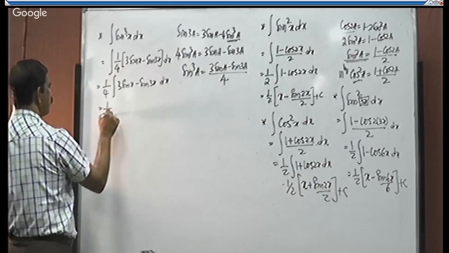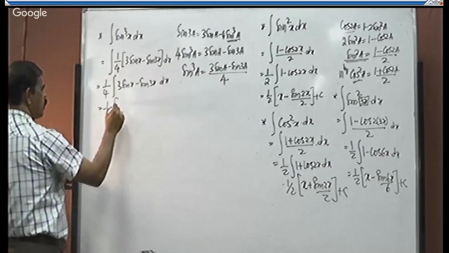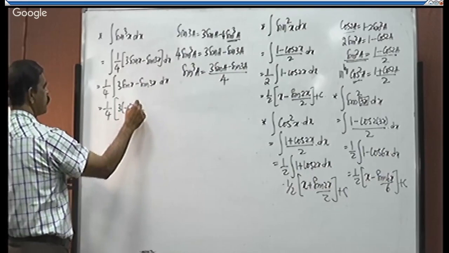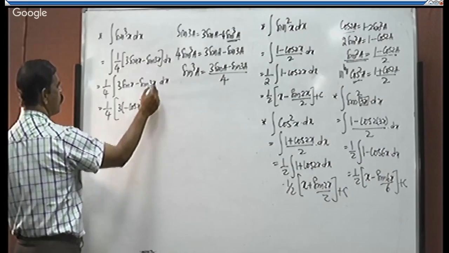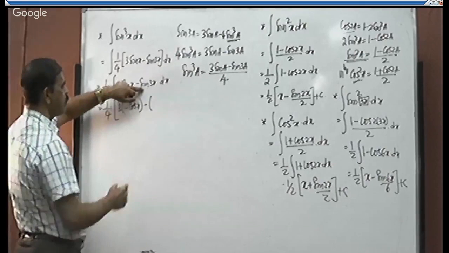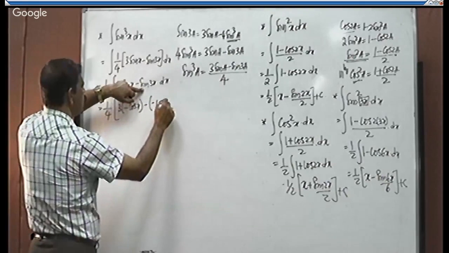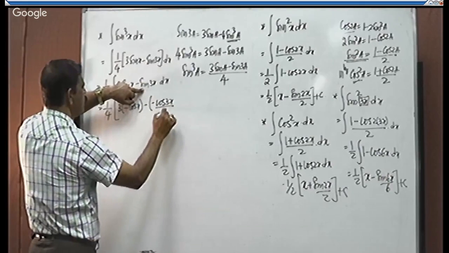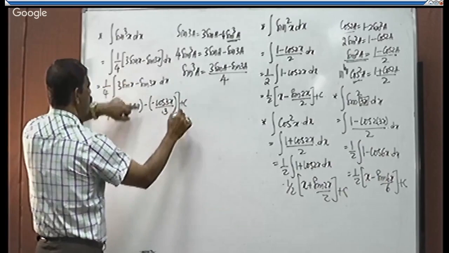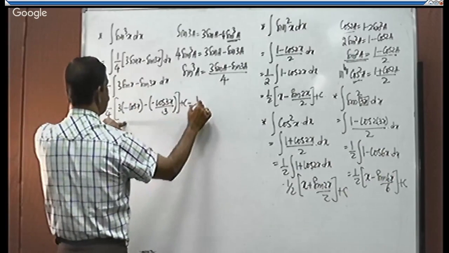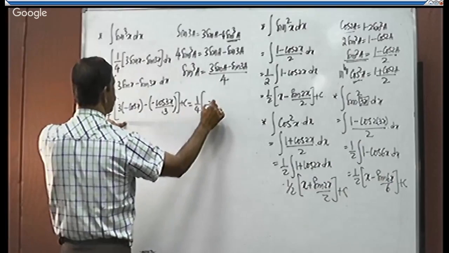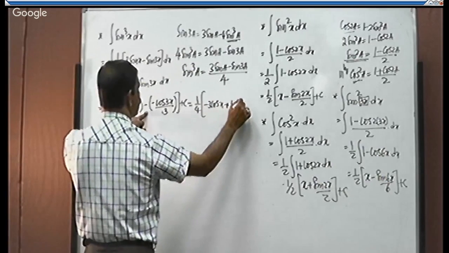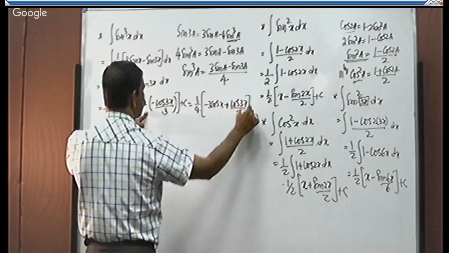That is 1 by 4 into 3 into integration of sine x, which is minus cos x, minus integration of sine ax plus b. Sine ax plus b is minus cos ax divided by x coefficient. The x coefficient is 3, plus c, which is equal to 1 by 4 into minus 3 cos x minus into minus plus cos 3x divided by 3 plus c.